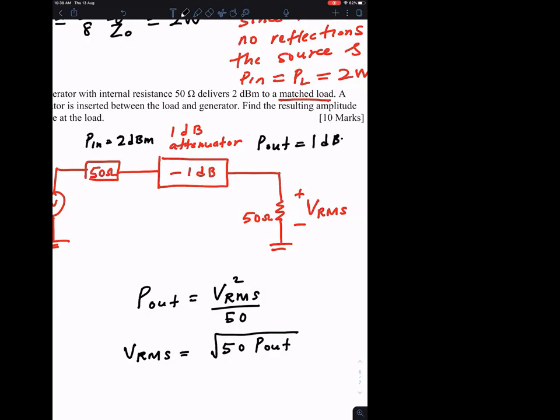We already went through this in the last video in detail. There are two ways of finding P out. One easier way: because they are logs, you can just subtract them. 2 dBm minus 1 dB is 1 dBm.